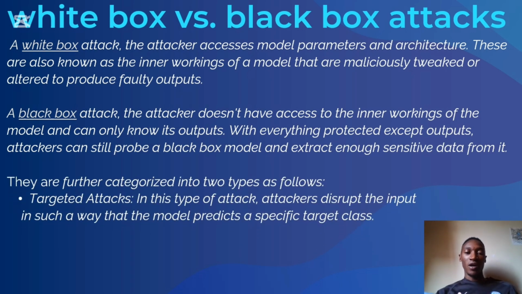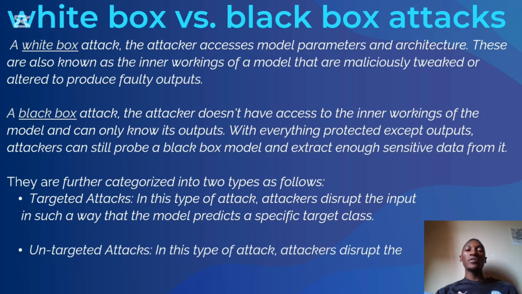Then we can also have targeted and untargeted attacks. These are sub-examples of the white box and black box. In a targeted attack, attackers disrupt the input in such a way that the model predicts a specific target class. So in this case, the attackers already know what output they want, and they will modify the code in line with what they want to get.